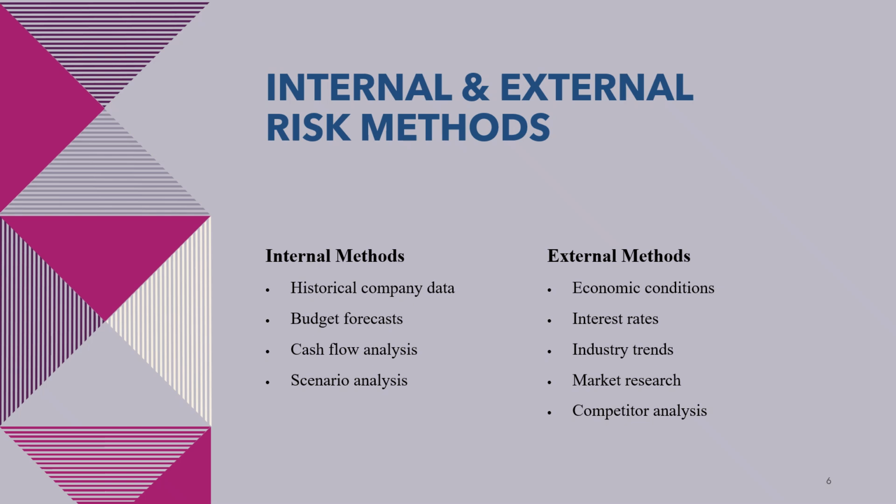Okay, so now we're going to go over internal and external risk methods. When businesses evaluate projects, they're going to use both these methods to understand the risk. Internal methods include things like reviewing historical company data, preparing budget forecasts, analyzing the expected cash flows, and performing scenario analysis. Scenario analysis is pretty simple.